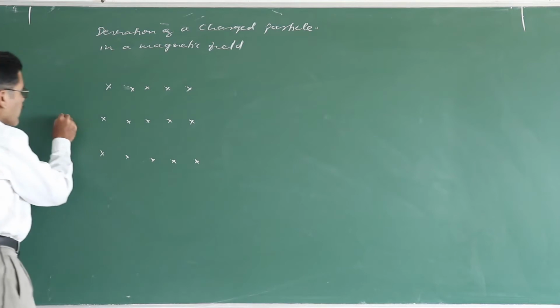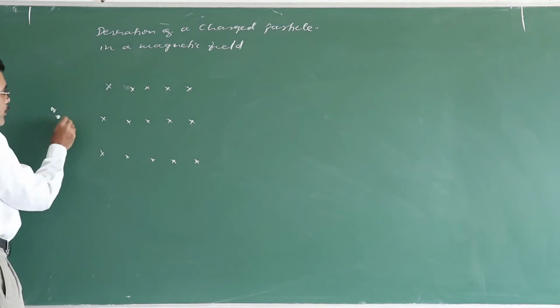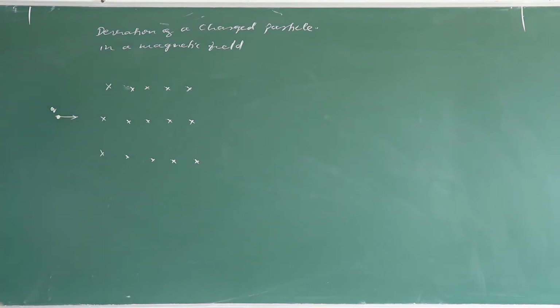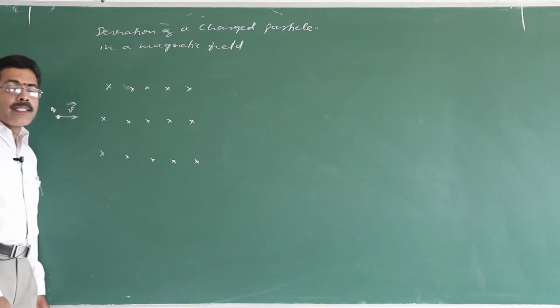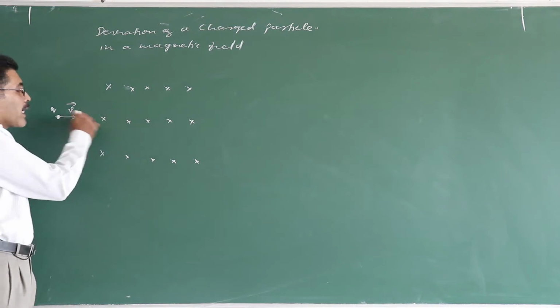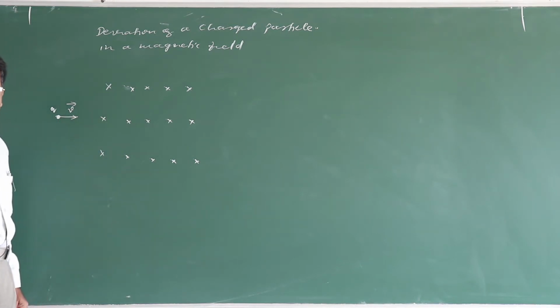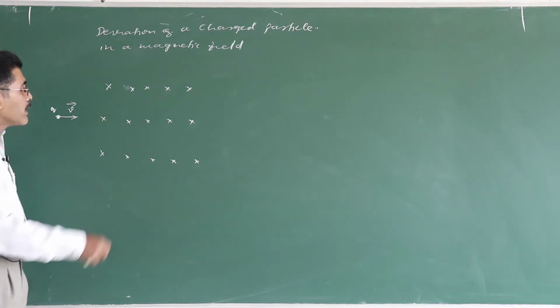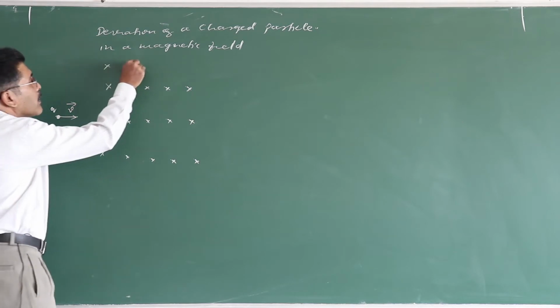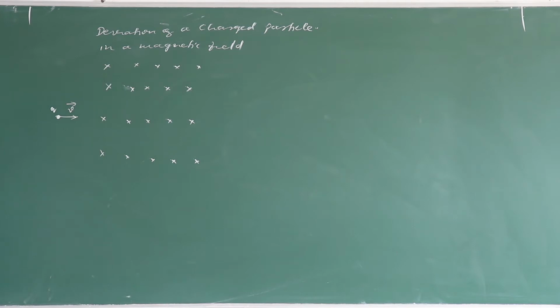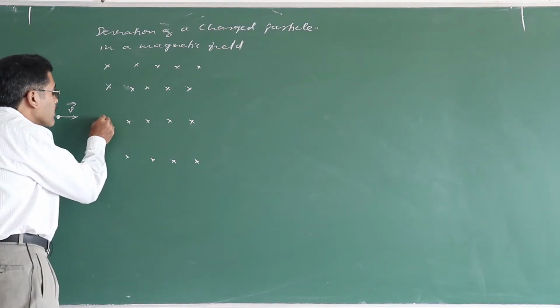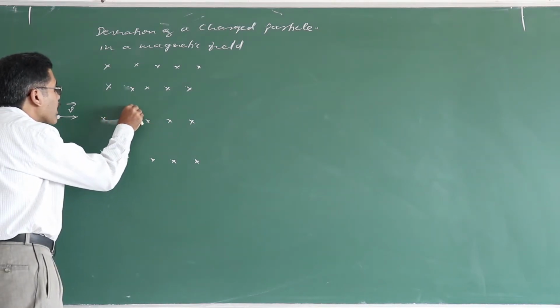A charged particle Q enters this magnetic field with a certain velocity v. Since the magnetic field is acting perpendicular to the motion of the charged particle, the charged particle experiences a force, and this force makes the charged particle move along a circular path.